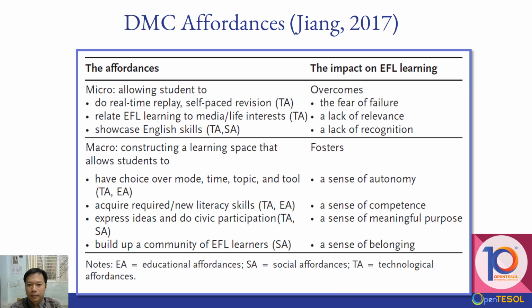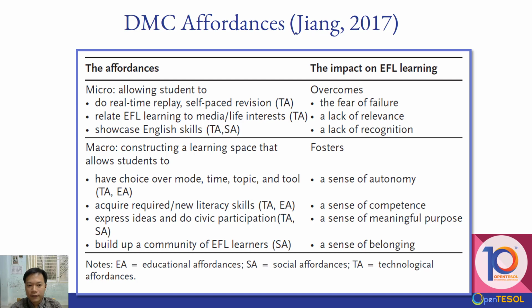Let's move on to the affordances of DMC. If you look at a very useful framework here by Jiang, published in 2017, you can see that there are two main levels of affordances, the micro level and the macro level.